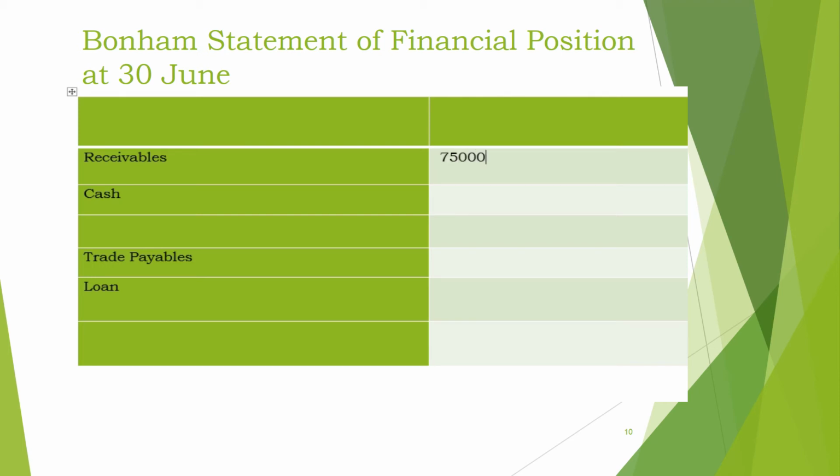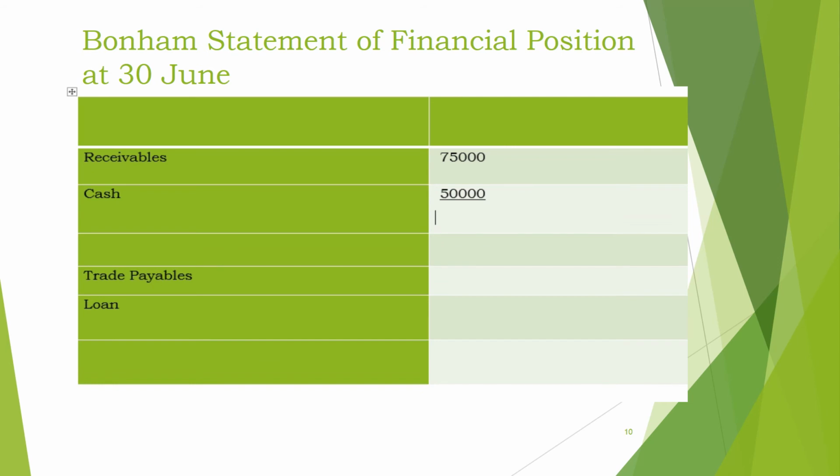This is the money that's due for the sales. So here we have 75,000, which is due for the sales, because the sales were made on credit. The second thing we have is our cash, which is 50,000, the cash that came in from the loan.